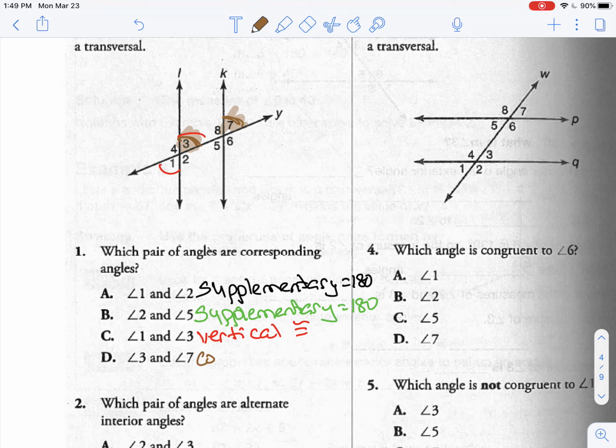If you were to trace them and move them, they'd be on top of each other. So these are corresponding. And because they're corresponding, they also are congruent. So the question is, which pair of angles are corresponding angles? You do all that work, and then you go ahead and choose answer option D.